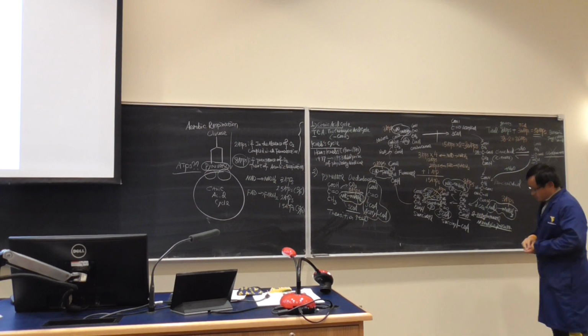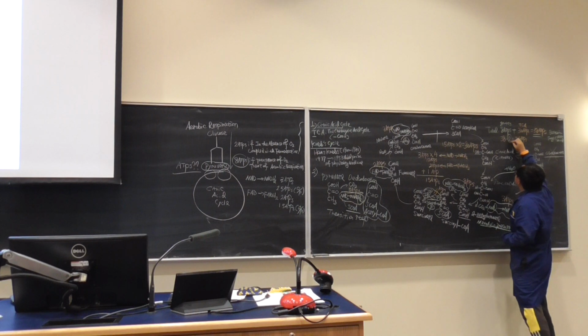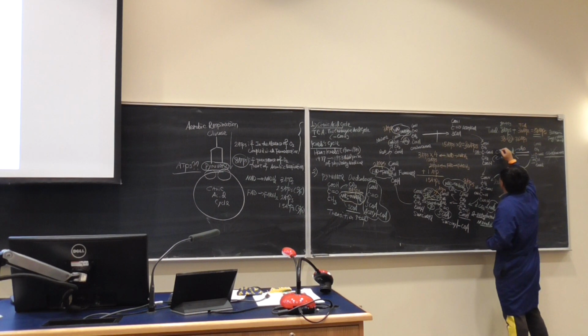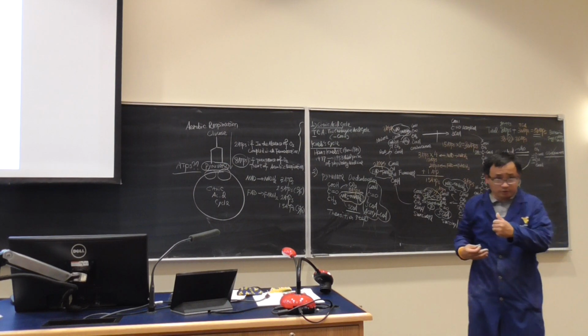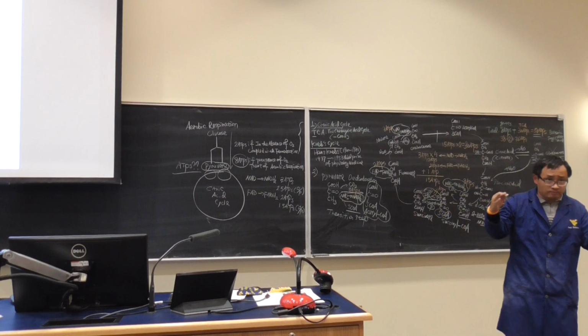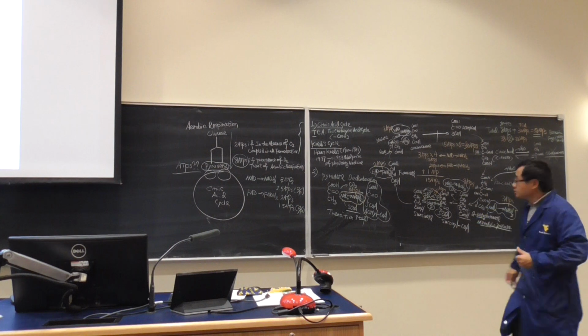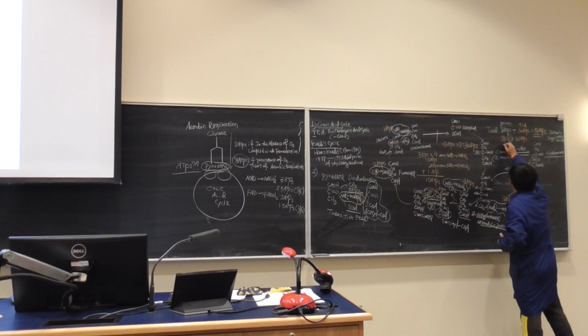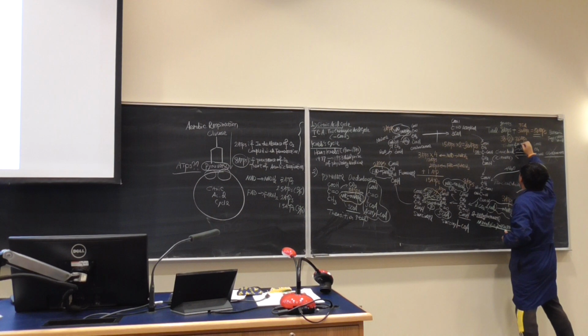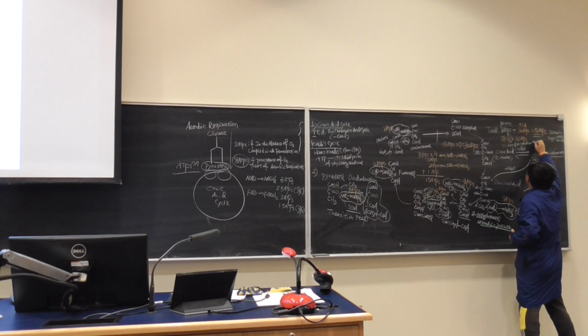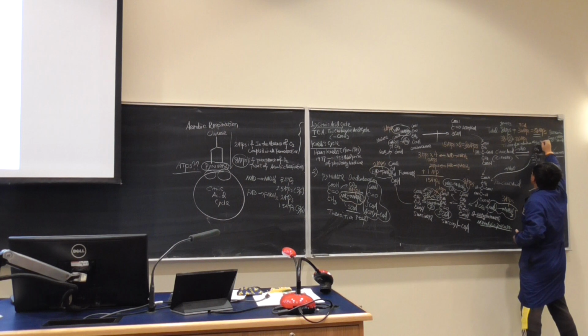Why? These are 2 ATPs. You have to pass through the mitochondrial matrix membrane system. So I usually say these 2 ATPs are a ticket, the cost of the ticket of the mitochondrial gate.